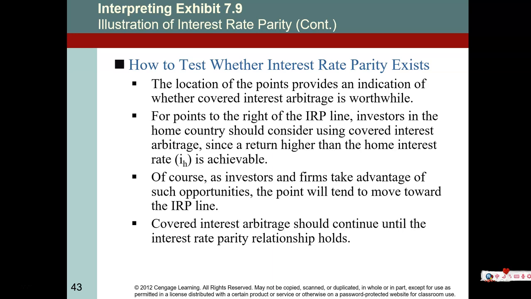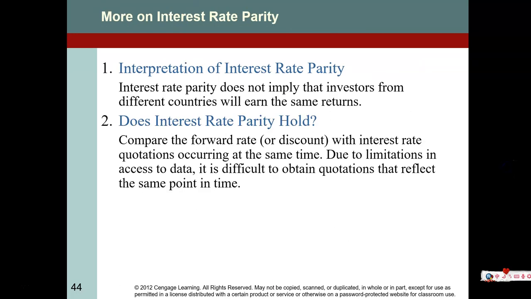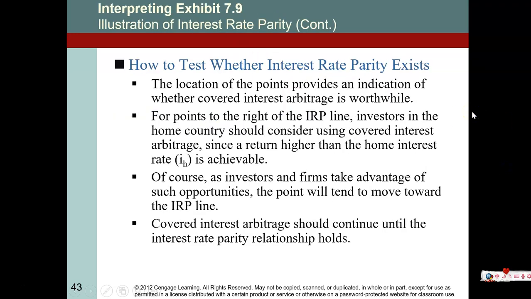And once people start to arbitrage away this opportunity, the point will move onto the line until this opportunity goes away. And anything above the line tells us that we can make more by investing in the domestic currency.